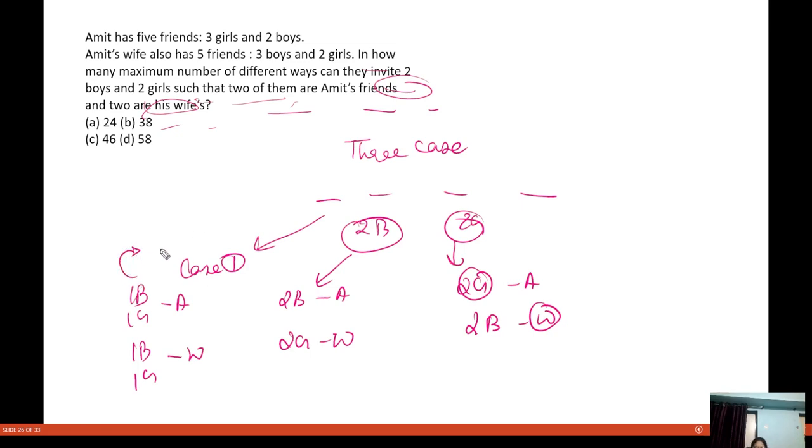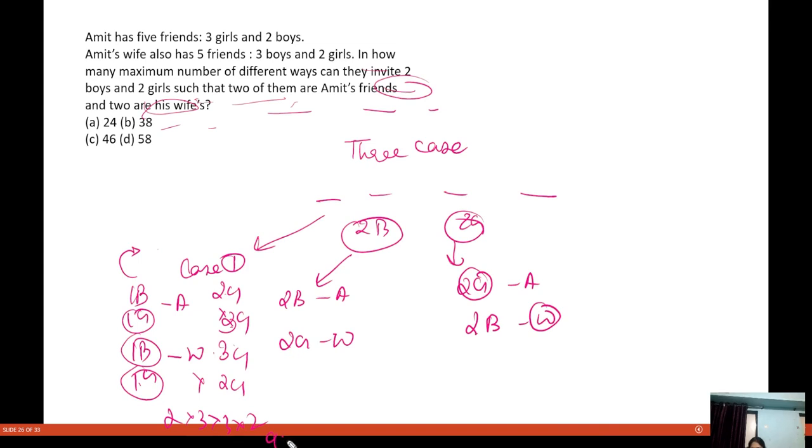Okay, so one boy from Amit, so that means there are two boys, that can be done in 2C1 ways, multiplied by one girl from Amit's wife. So two girls only, 2C1 ways, and one boy from Amit's wife, so that can be done in 3C1 ways, and one girl from Amit's wife. Oh, sorry, this girl can be done in 3C1 ways. Okay, so you get 2 into 3 into 3 into 2.